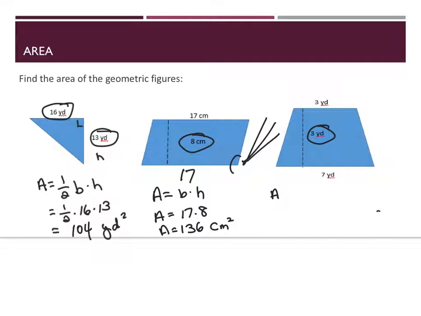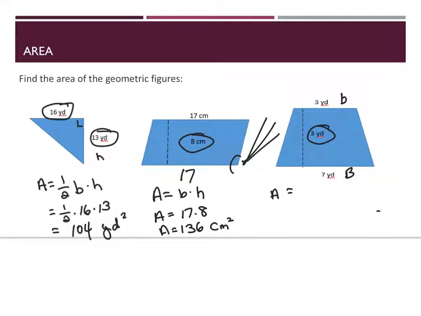So we're kind of going to do base times height, but we have two different bases. The way I average the bases, I call the shorter one lowercase b, the larger one uppercase B, and if I want to average those two things, I need to add them up and divide by 2.